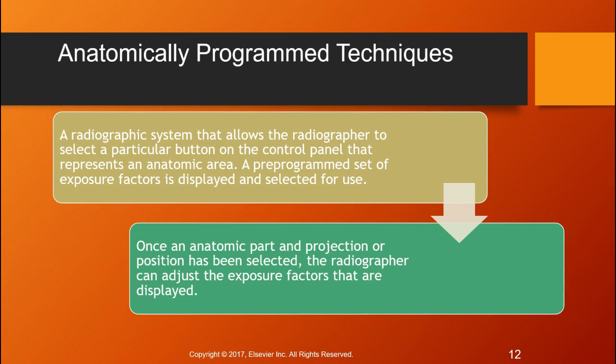This system allows the radiographer to just select a particular button on your control panel that represents the anatomic area. So there should be a picture of a chest or a skull or an abdomen or a spine, something like that. You just press the button and a pre-programmed set of exposure factors is displayed. And these are selected for you to use.